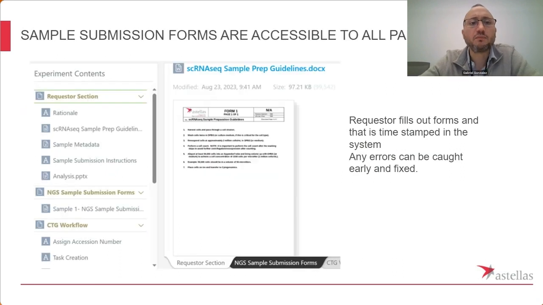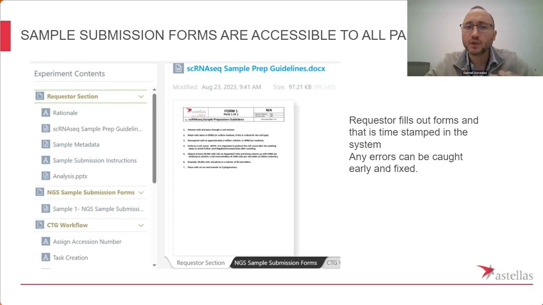Okay. So then we have all the sample submission prep guidelines, and this is what I was saying. All the instructions are going to be contained in the experiment. This allows the requesters to fill out the forms, we have a timestamp, and any errors can be caught early and then fixed.